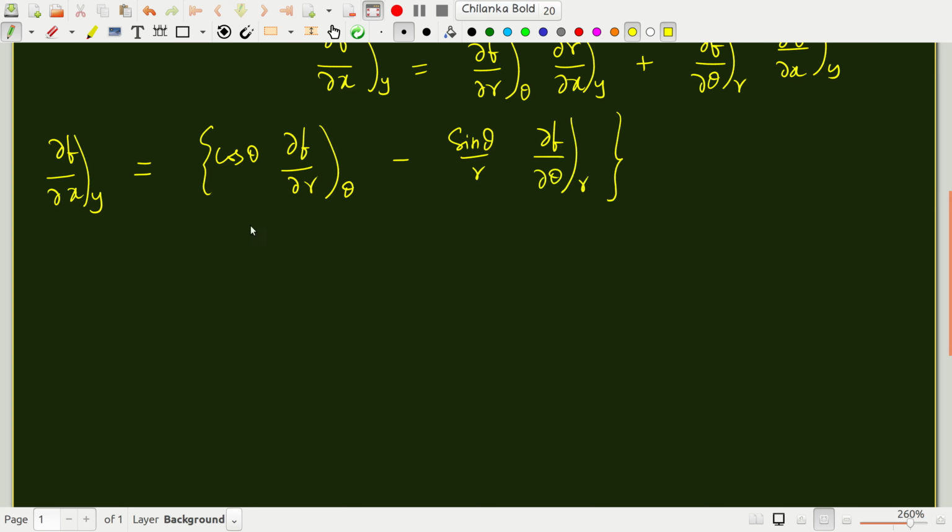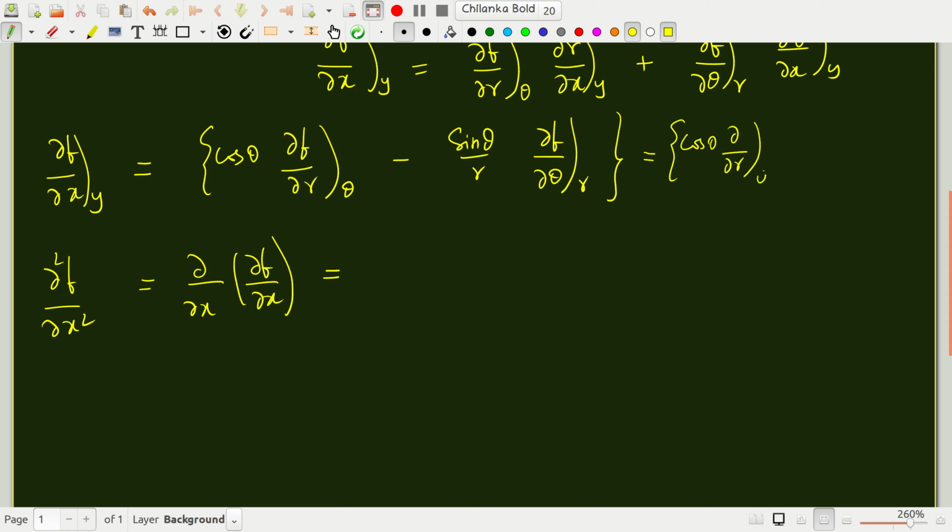Okay. Now what is partial squared f by partial x squared? It is partial x operating on partial f partial x, which means all I have to do is, if I were to think of this like an operator, cos theta partial r at constant theta minus sine theta by r partial theta at constant r operating on f, okay, right?